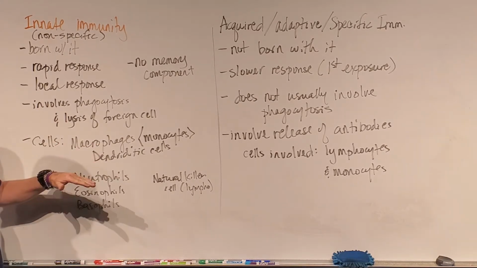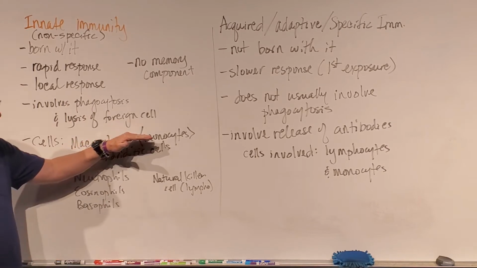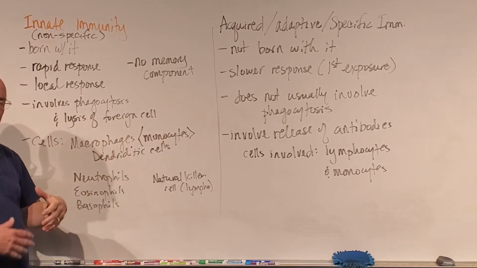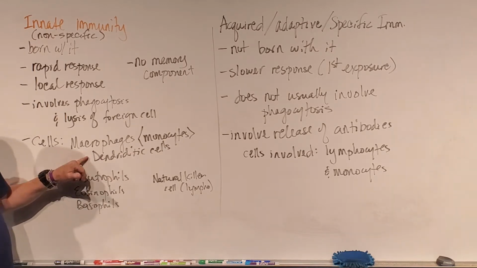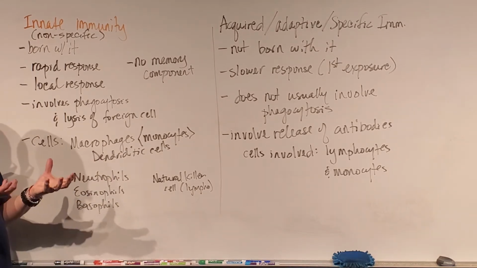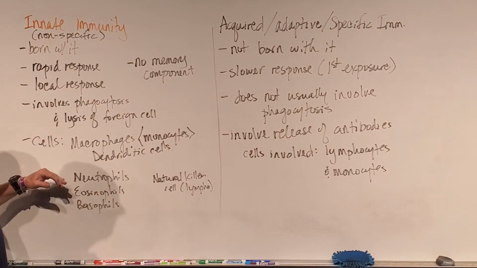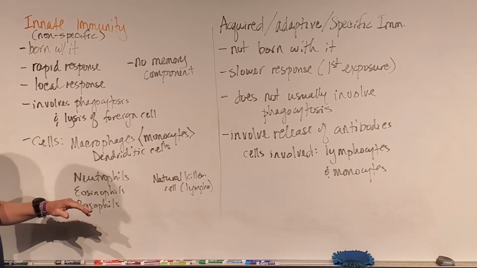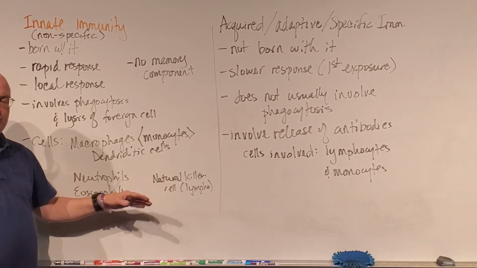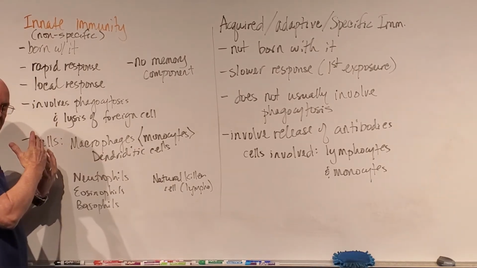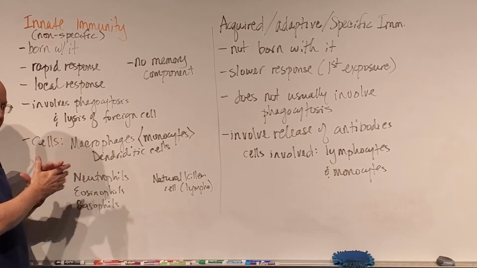It involves monocytes, which are called macrophages if they live out in the peripheral tissues. And dendritic cells are just cells that are kind of stuck out in peripheral tissues, as well as mast cells. It involves neutrophils, eosinophils, basophils, and some natural killer cells that are related to lymphocytes. All of this is part of the innate immune video, so if you want to watch that in review, you can.